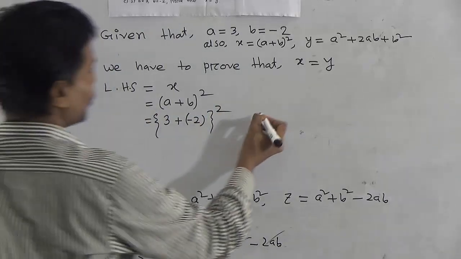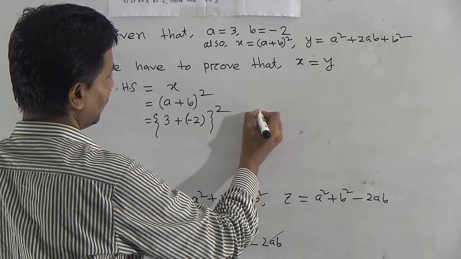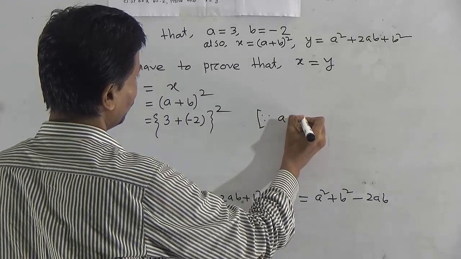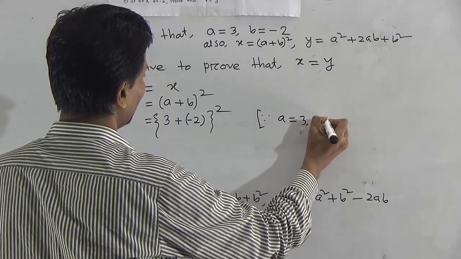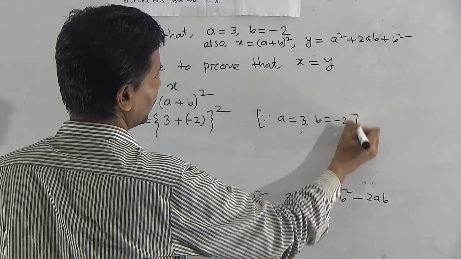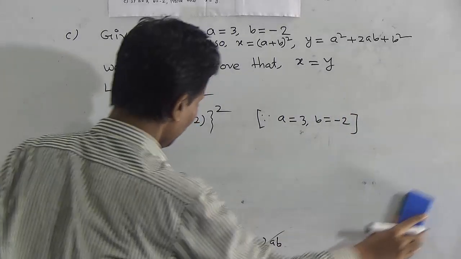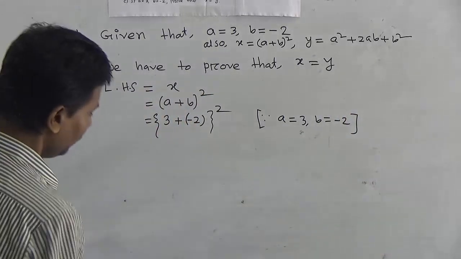You may mention here a equal to 3, b equal to -2. Okay. Now we have to calculate.